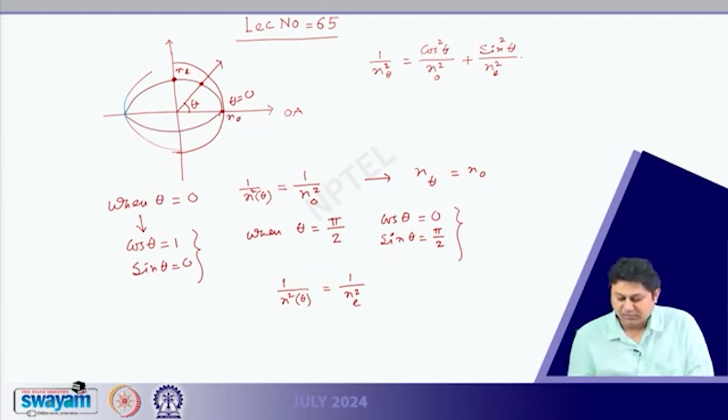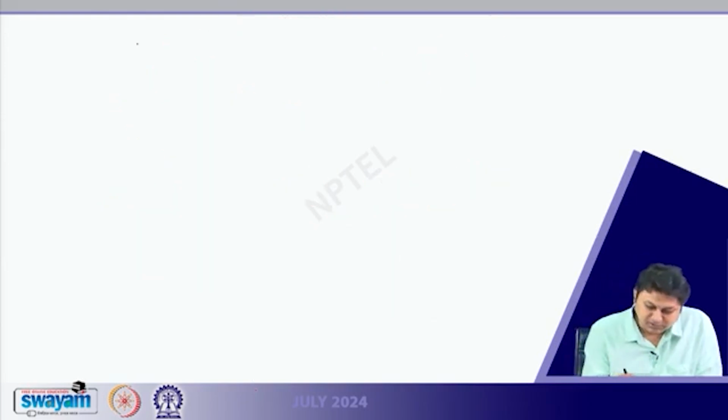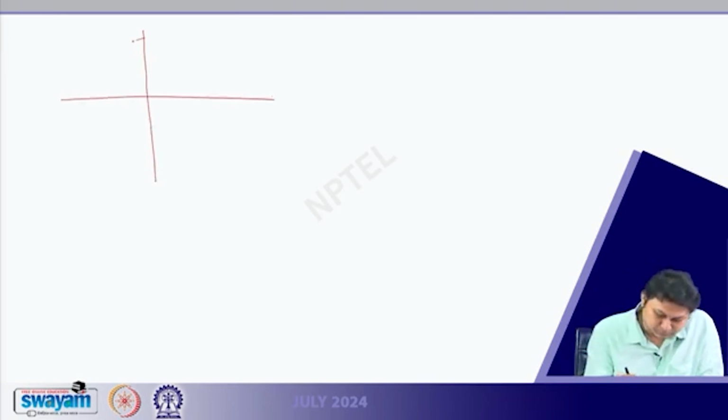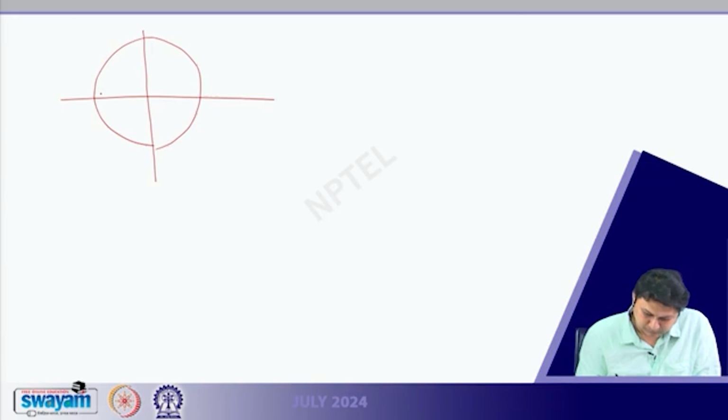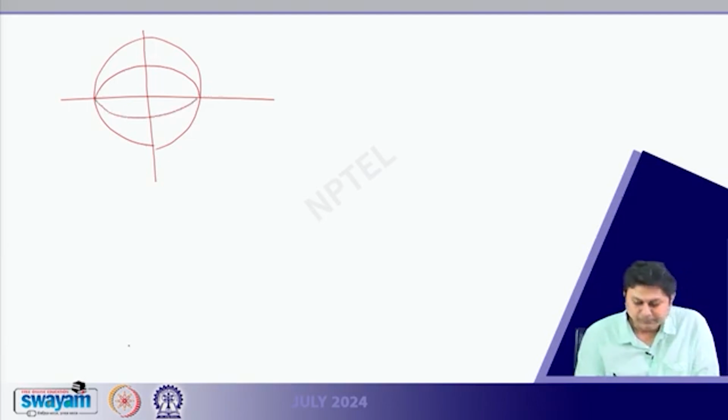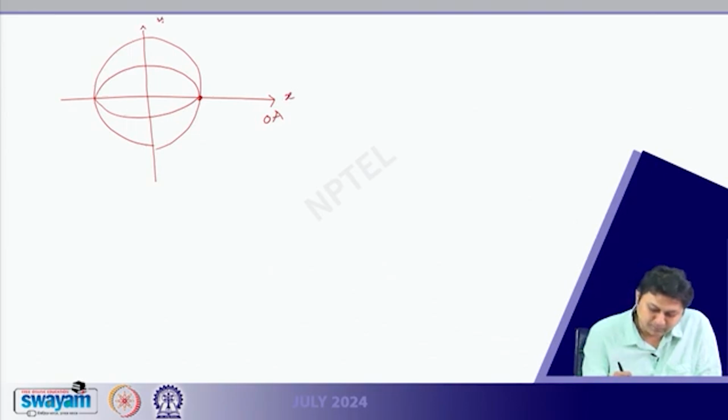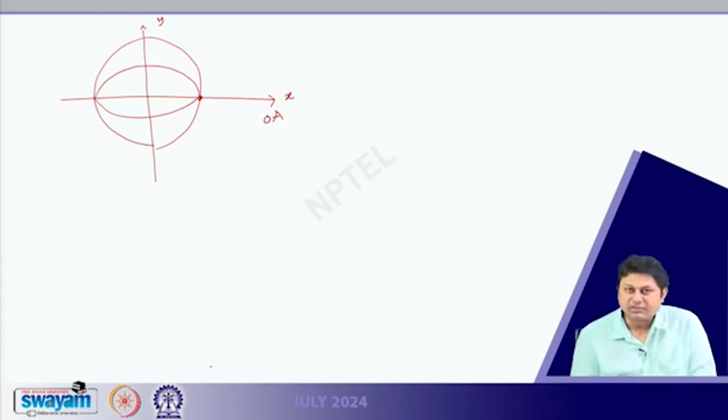For this particular system, let me draw here. This is the direction of the optic axis, and this is the x and y direction on the crystal.